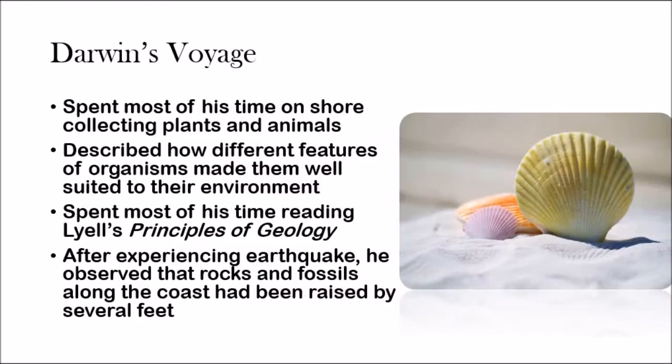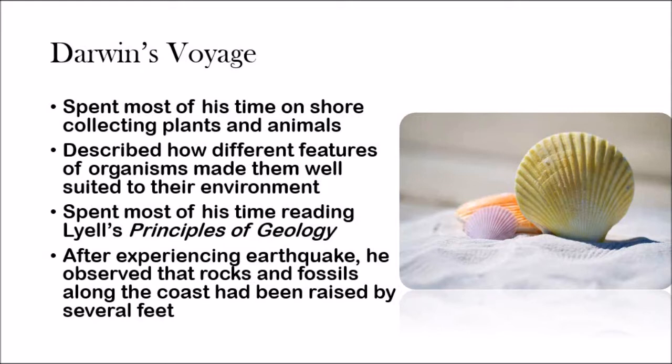So on that voyage, Darwin spent most of his time on the shore collecting plants and animals. And he described how different features of these organisms made them well suited to their environment. So he noticed how these organisms had different traits, which made them suited for their environment.